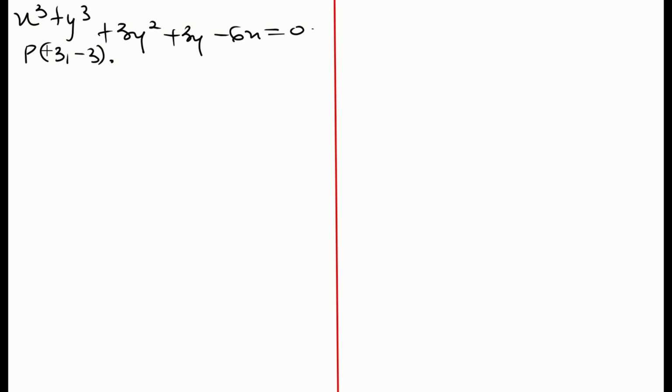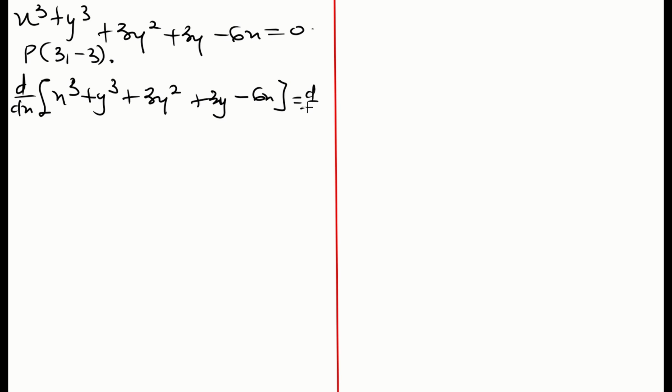Alright, so let's proceed by finding the slope of the tangent of this curve. This is going to give us the derivative of the whole term, d/dx of x to the power 3 plus y to the power 3 plus 3y squared plus 3y minus 6x, which is equal to d/dx of the constant, which is 0.